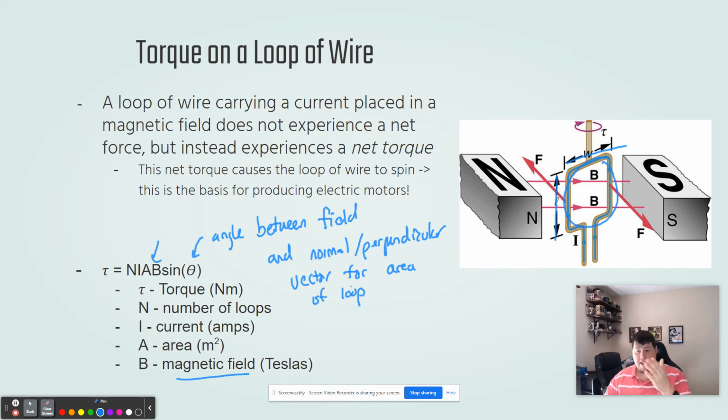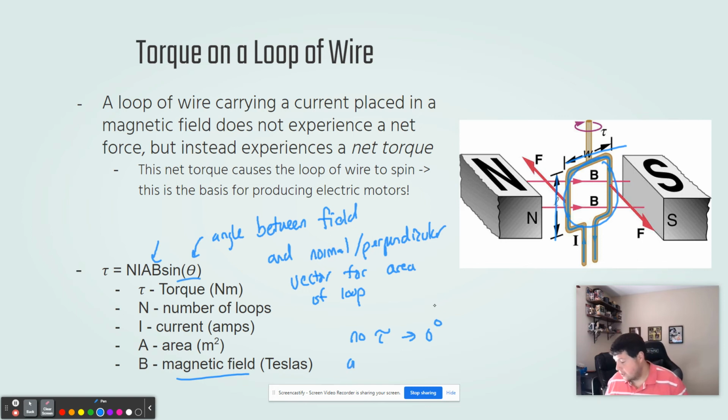What that means is that if your field is pointing directly through the center of that cross-sectional area so that it's pointing that way, that's a 0-degree angle. And that actually means that the torque would be 0. So there is no torque at a 0-degree angle because, again, the sine of 0 is 0.